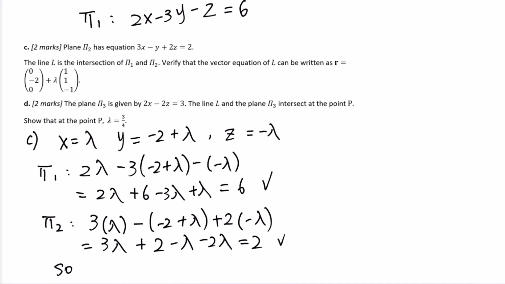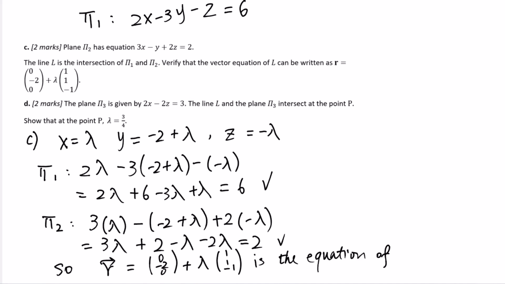So r equals (0, -2, 0) plus lambda (1, 1, -1) is the equation of L.